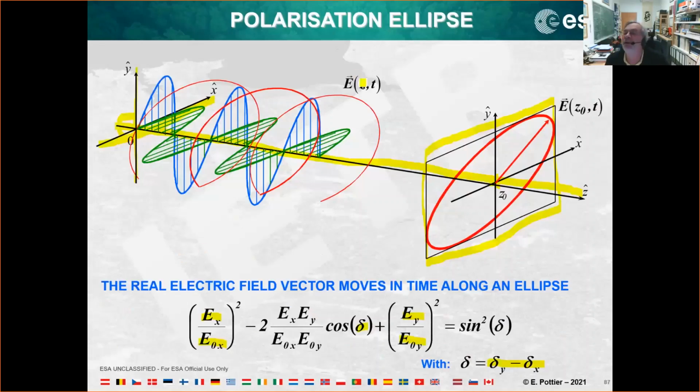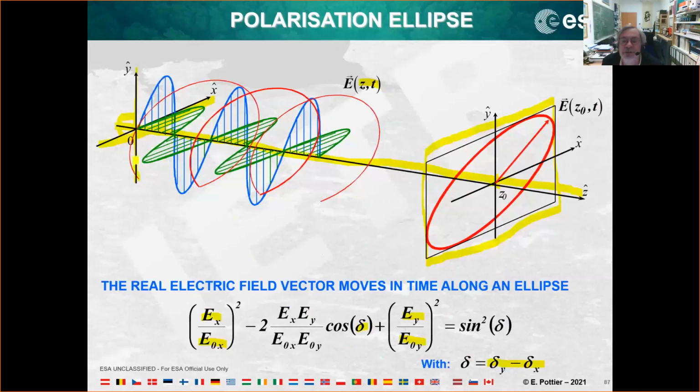You see, the electric field depends on space and time. So on this slide, you have everything at the same time. Imagine I take a picture, crack. Here, I take a picture, I have no more time effect.